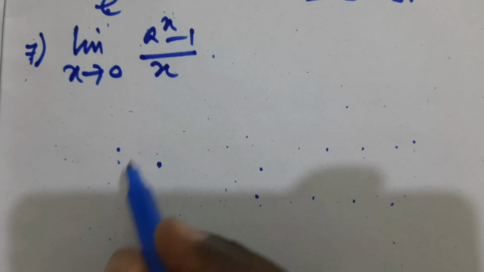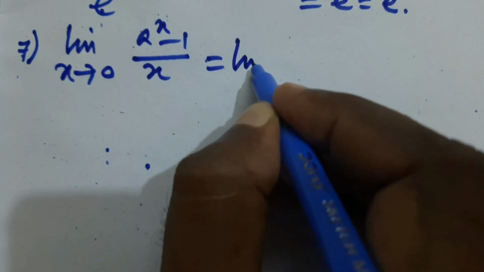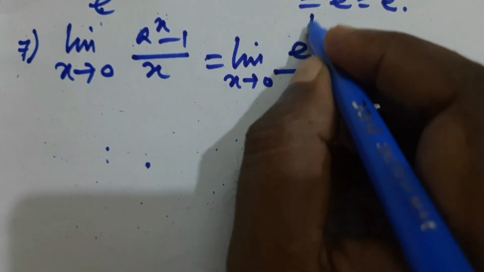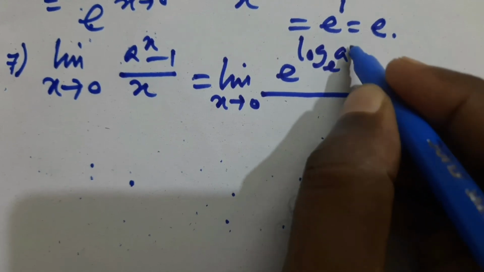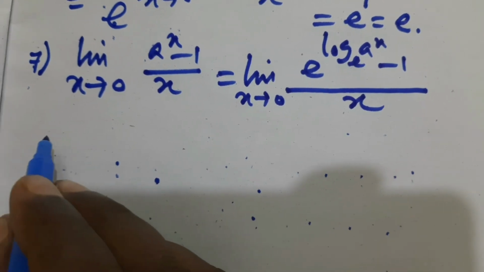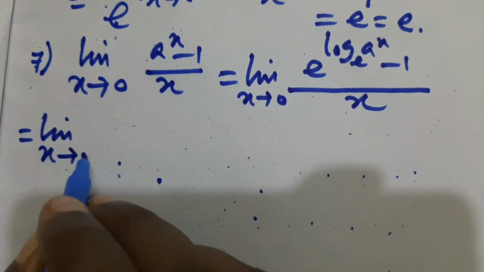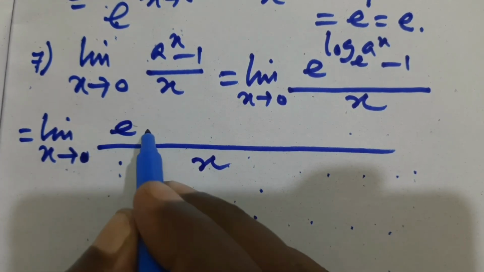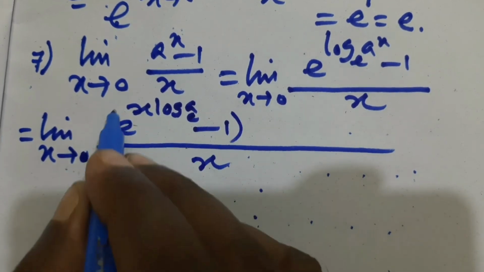Okay, it can also be written as limit x tends to 0, and this is e to the power logarithm, general logarithm of a to the power x, minus 1 by x, and this is equal to limit x tends to 0 of (e to the power x log a to the base e, minus 1).